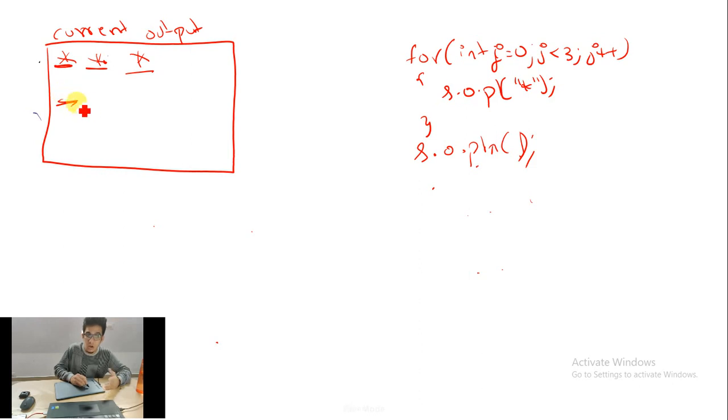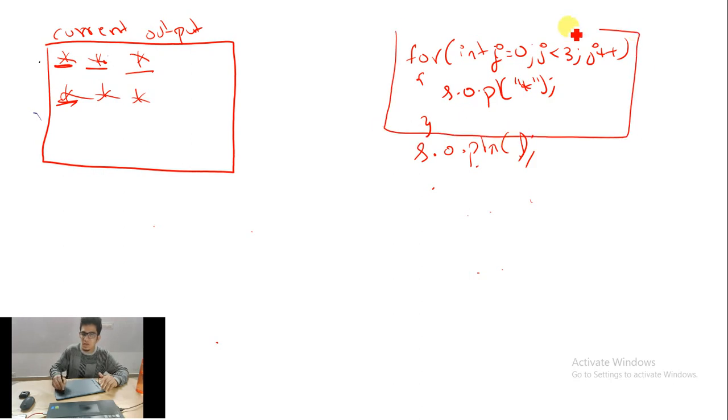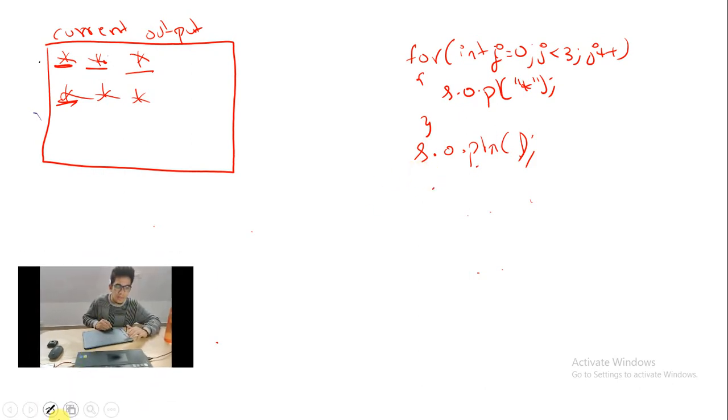Now you want to print not 1 star but 3 stars simultaneously, and you already know that this code will print 3 times. That is why you will copy that and paste it here. Let me write in a different color. So you will write a for loop, int j, yes, I can write the same variable.